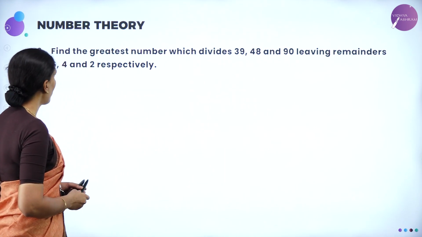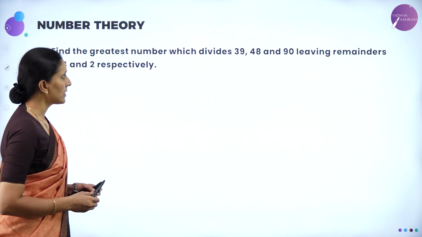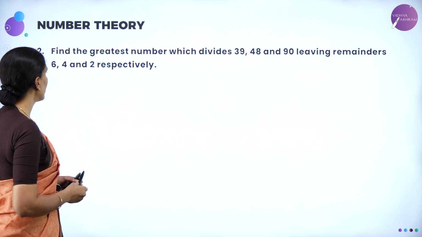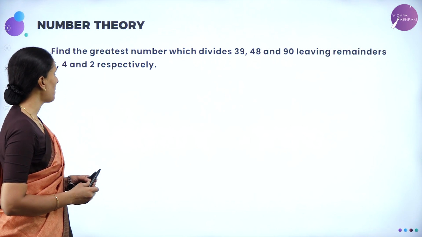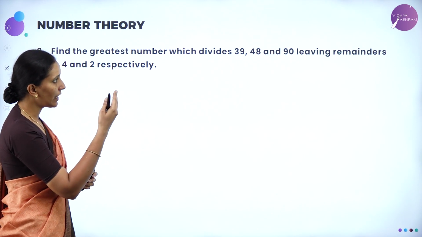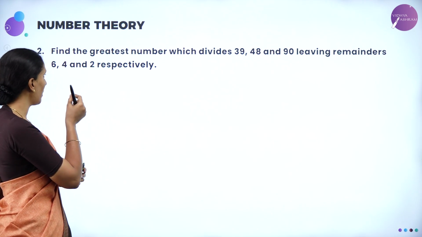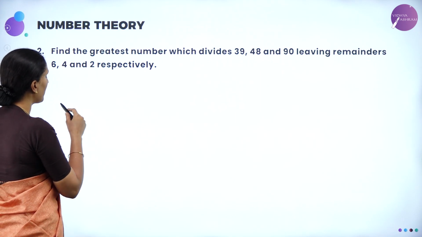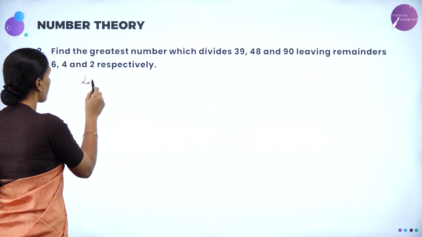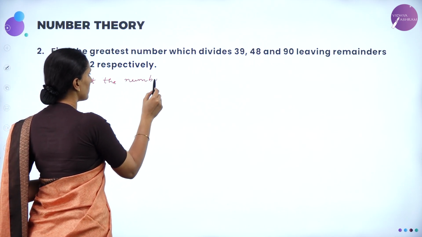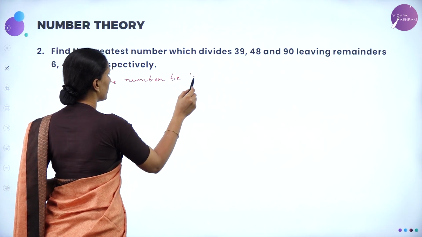Next question. Find the greatest number which divides 39, 48 and 90, leaving remainders 6, 4 and 2 respectively. So we are supposed to find the number which divides 39, 48, 90 leaving the remainders 6, 4, 2 respectively. Let the number be x.